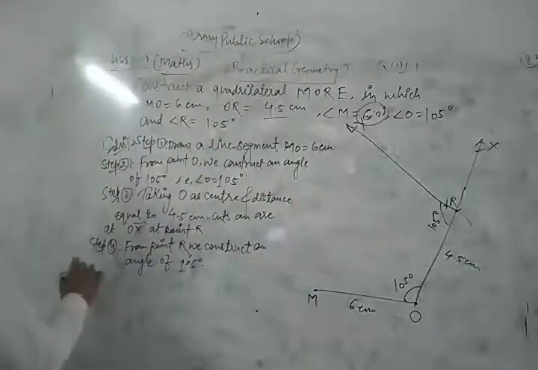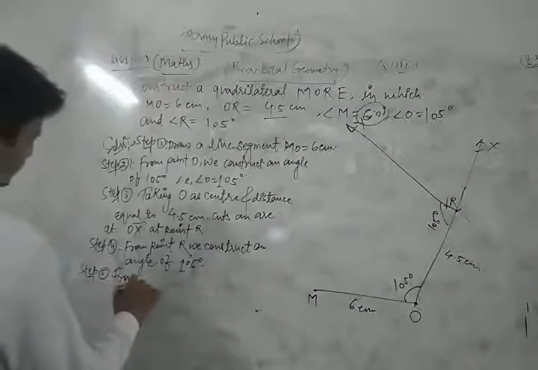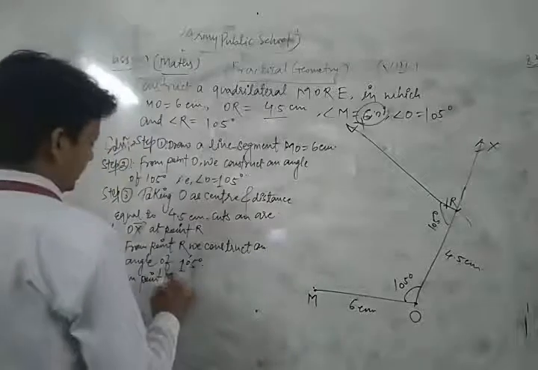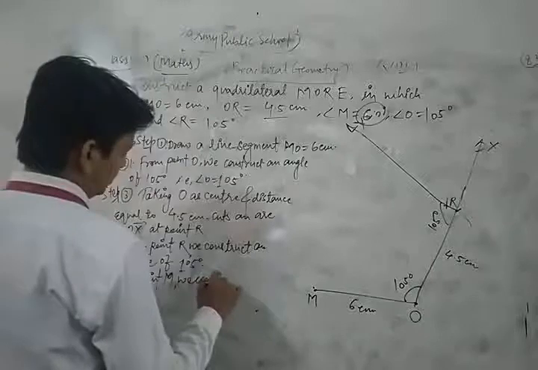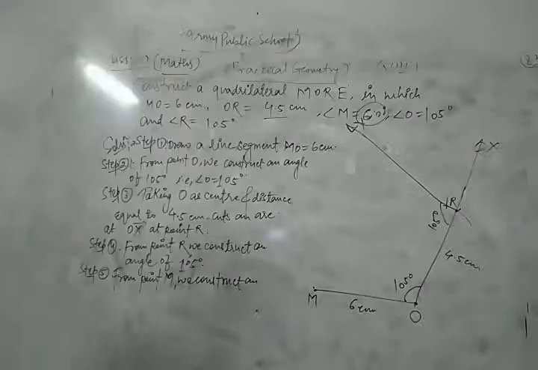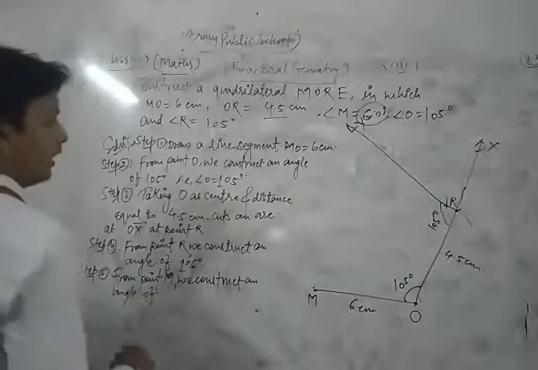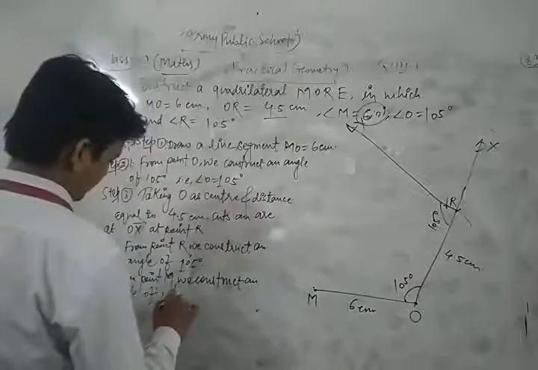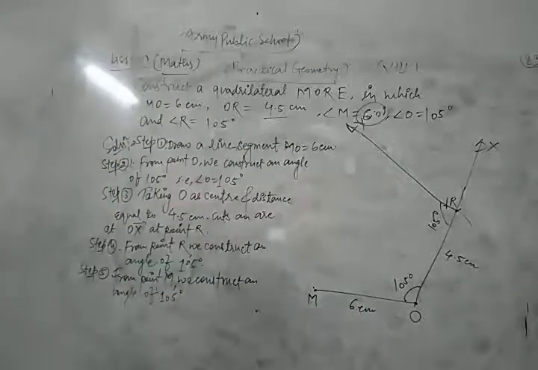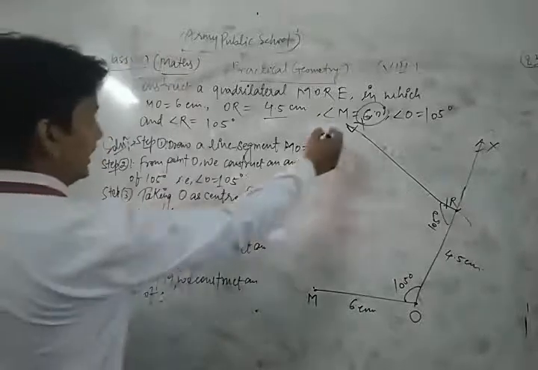Now in step 5, from point M we construct an angle of 60 degrees, sorry, not 105 degrees, since here angle M is 60 degrees.